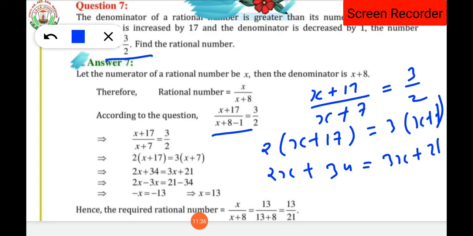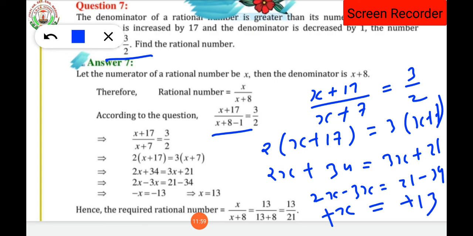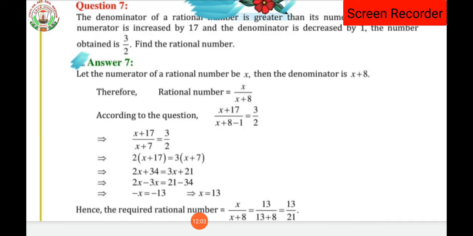Now transposing the x term to one side and the constant term to the other side, we get 2x minus 3x is equal to 21 minus 34. Now here it will become minus x, and 21 minus 34 will become minus 13. The negative signs from both sides will be cancelled, the answer will be 13. So here we got x is equal to 13 as the numerator.